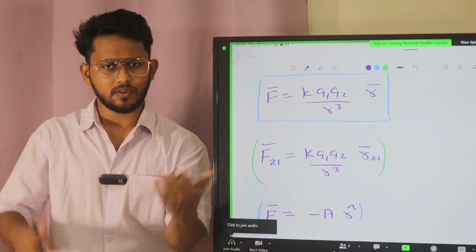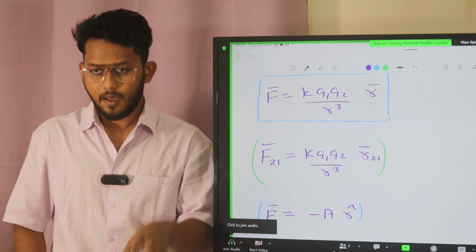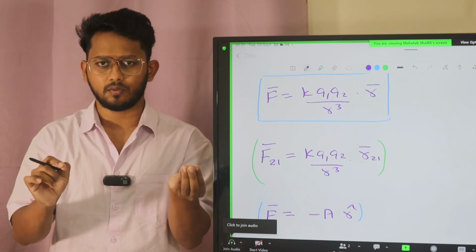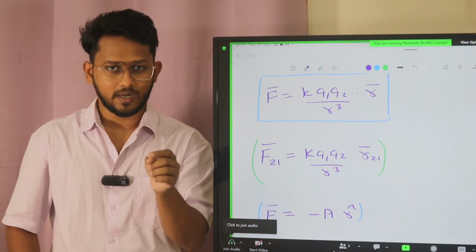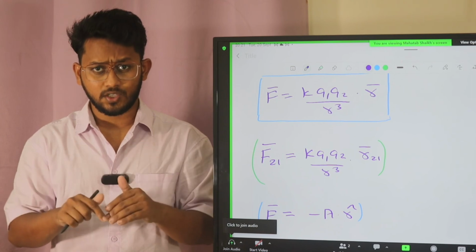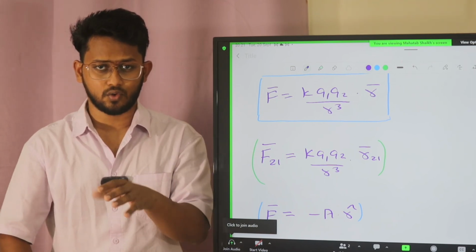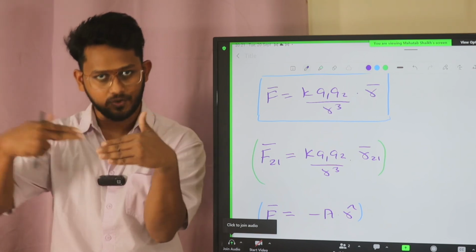If both are positive, again repulsion, that's the same thing. Plus into plus is plus. But if any one of them is negative, suppose Q1 negative and Q2 is positive, the product will be negative. The position vector direction is towards right, and the direction of the force will be opposite to it, because there is a negative sign. So opposite to the position vector, that is inwards. That's attraction.